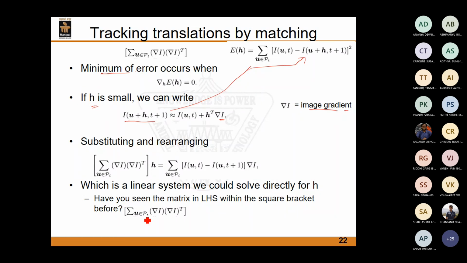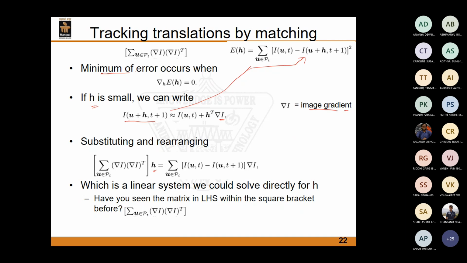After substituting and rearranging, the equation you get looks somewhat like this: sigma over u of delta I delta I transpose, multiplied by h, which is my translation vector that I have to find out, is equal to sigma over u of (I(u, t+1) minus I(u, t)) times delta I. This is the equation that needs to be simplified in order to estimate the translational transformation, because that is exactly what we are trying to do: find out what the translation is.